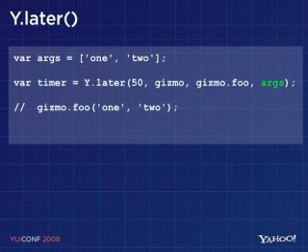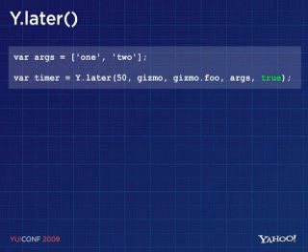And then your function will be called with those arguments in the order that they're received in that array. So in this case, I'm going to be calling Gizmo's foo, specifying the arguments as 1 and 2, and later will ensure that they're executed like that. And then the final argument to later is a Boolean that specifies whether or not this should be a setInterval versus a setTimeout.